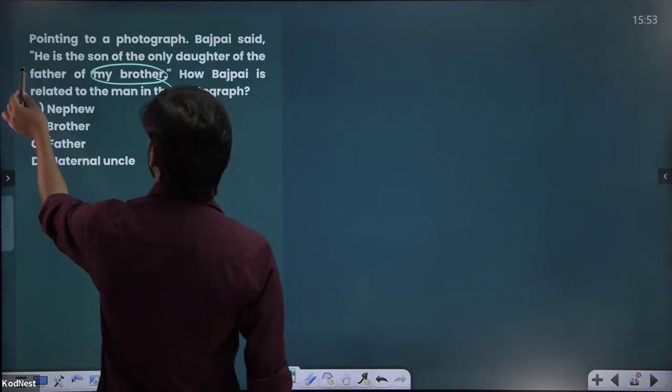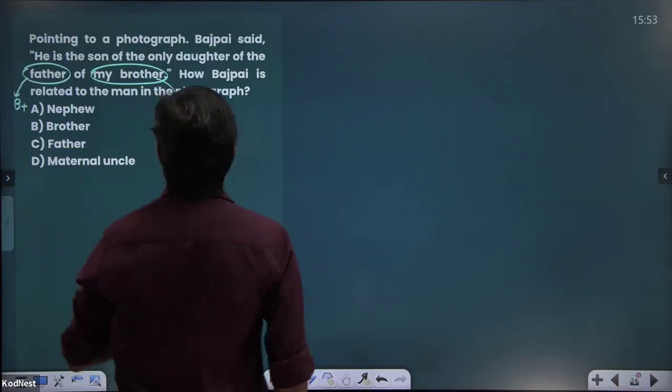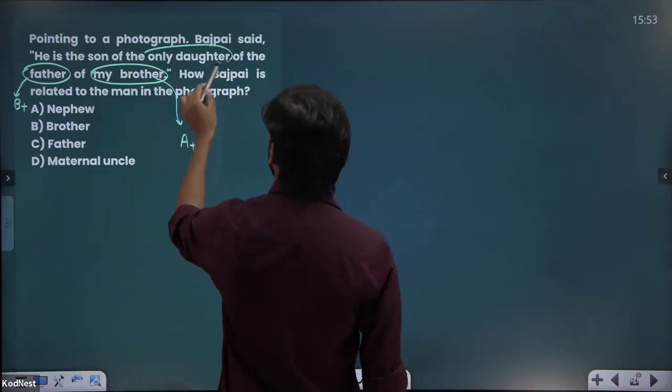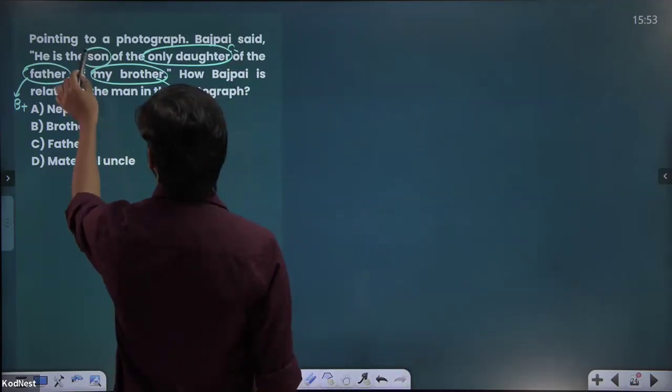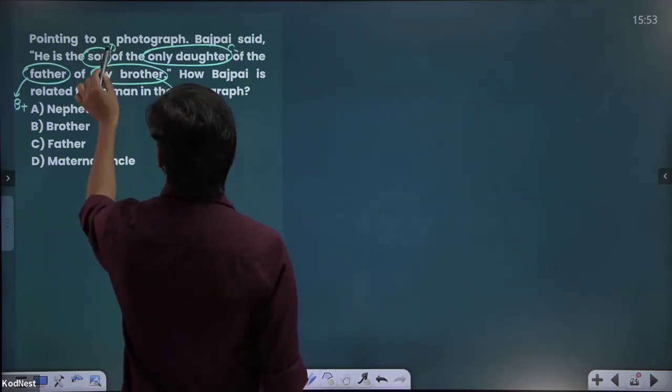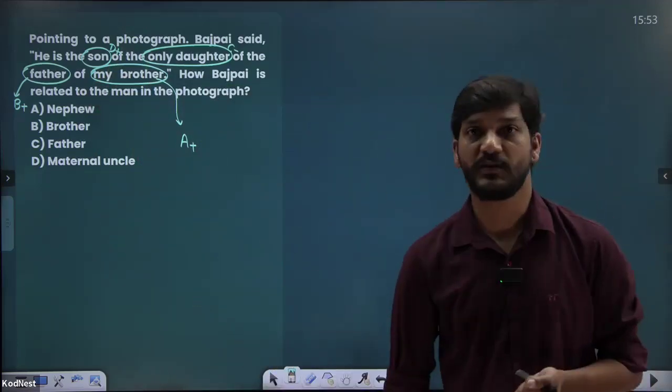After that, you will have to show the father. You will represent by B plus. You will have to represent the only daughter also, let's suppose C minus. And then you will have to represent the son also, let's suppose D plus. So five persons you will have to represent.